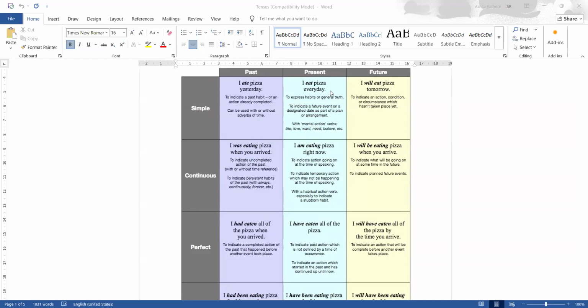Then we come to V2, verb form 2. Verb form 2 is used when we are using the past tense. So what is that? Verb form 2 indicates the past tense. As simple as that. Yes, so ate, sang, went, the second form of the verb.